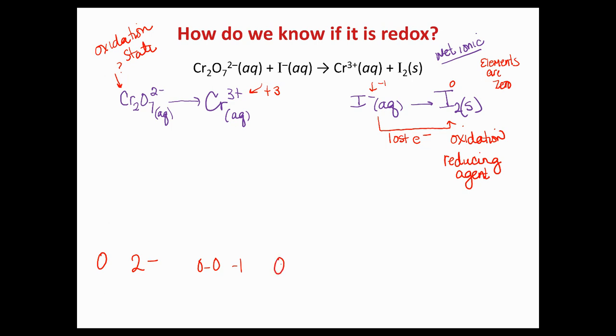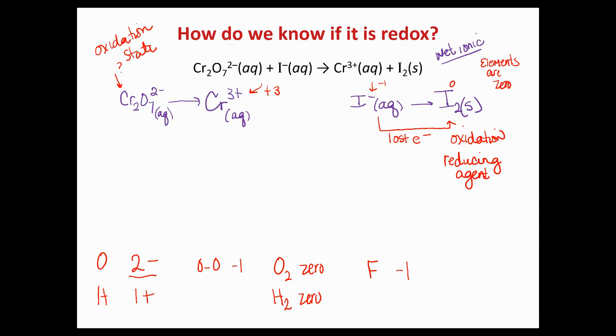And then O2 would be 0. Okay, but here it's within an ion, so it's going to be -2. Hydrogen will be +1, unless it's like H2, the element, which would be 0. Fluorine's always -1. These are the ones that we know, and then we'll use them to find other metals or elements within the formula.